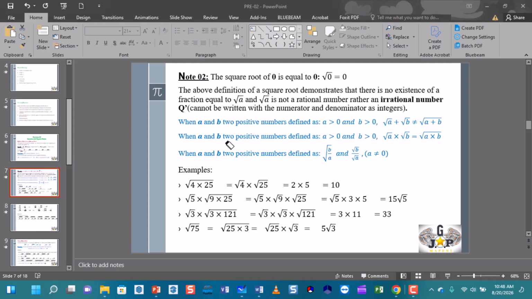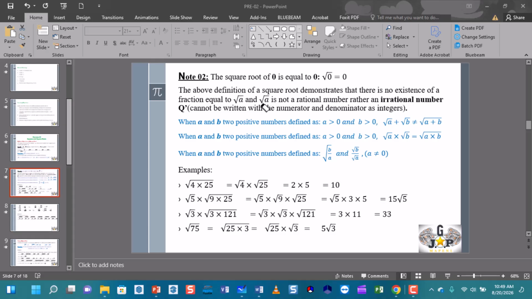There might be, let's say, a square root as a fraction, but there is a way to solve it. But the result will not be a fraction. The result will mostly be a whole number most of the time, except there are still some exceptions. But for the moment, let's stick to this idea.